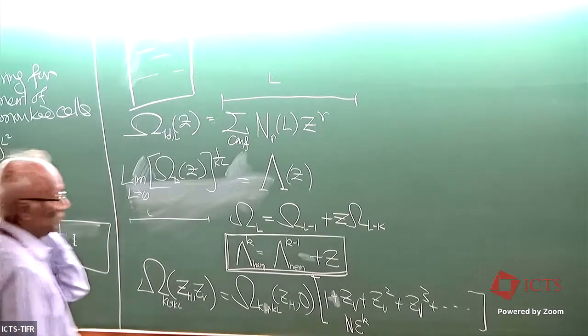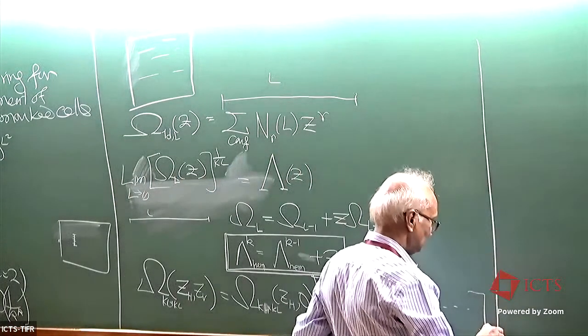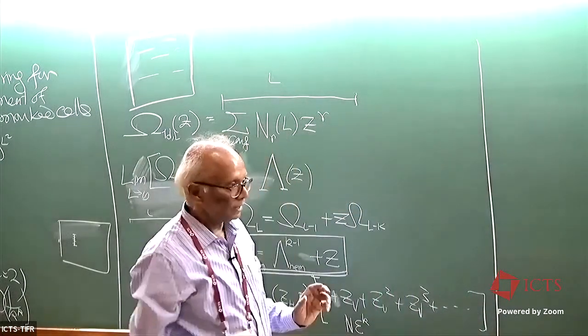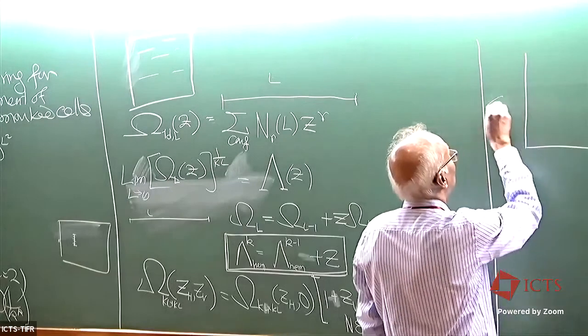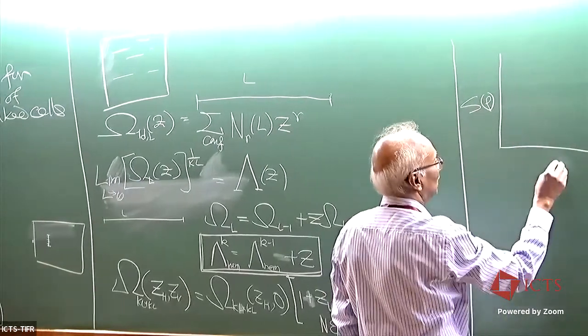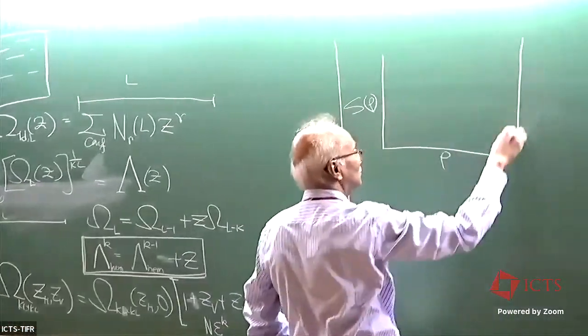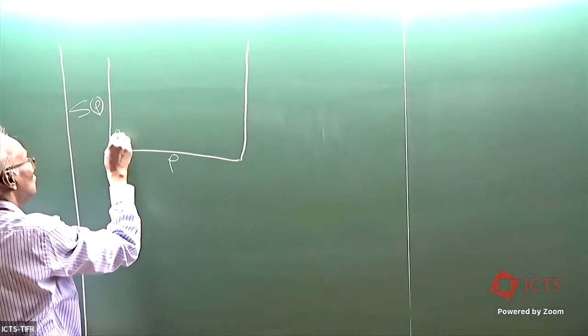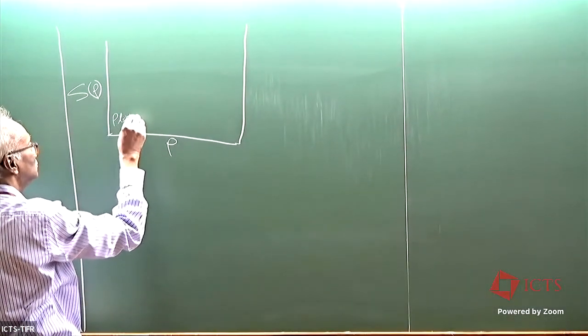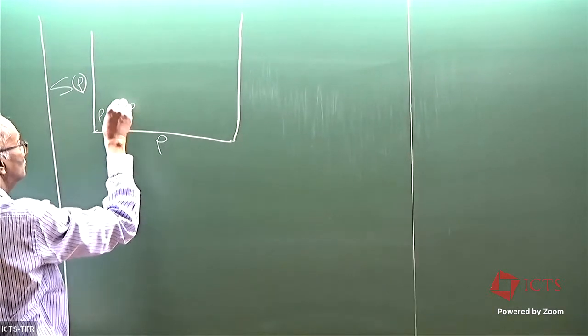Okay, so then I have this sort of problem where I wanted to determine S of rho as a function of rho. For very small rho, this is rho log 2 rho.